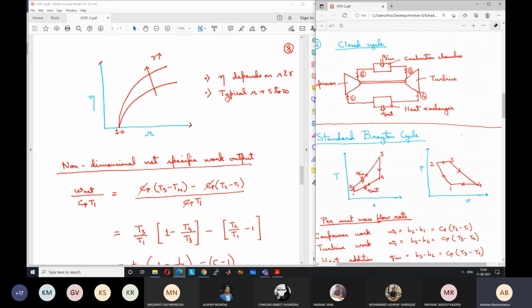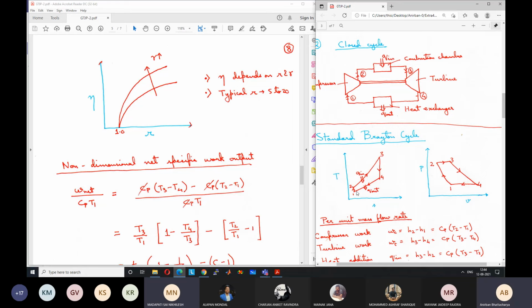So what is the reason for this? Why in steam turbines, like a thermal power plant, we need very little work input for increasing the pressure, but here we need a very large amount of work input? Specific volume in case of water is very small.